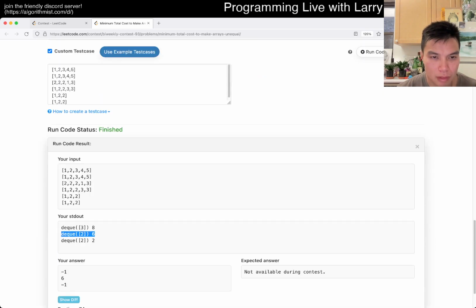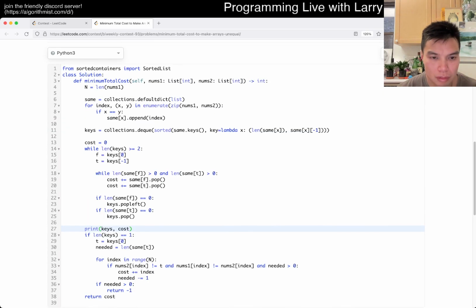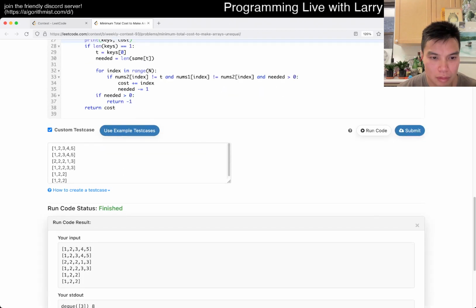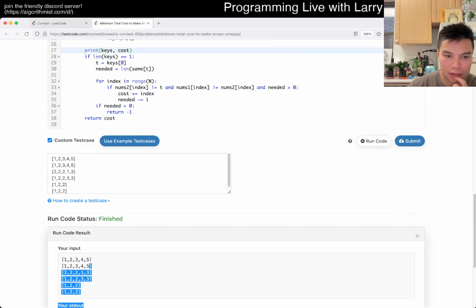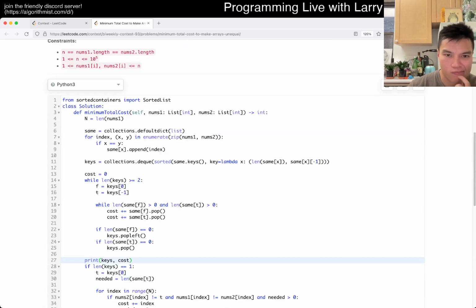When we get this one. Exactly. So this one has 1 left over, but doesn't have to be. So my assumption was wrong on this one. Greedy is hard.